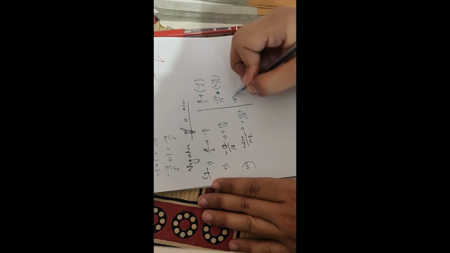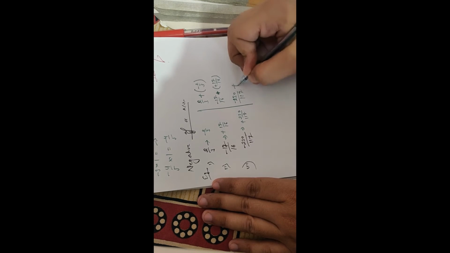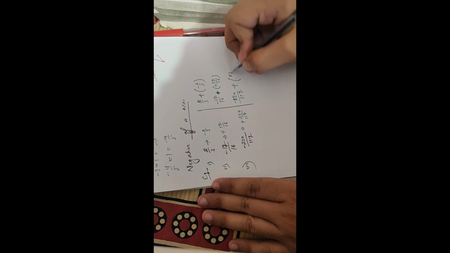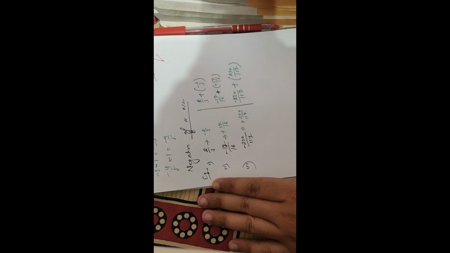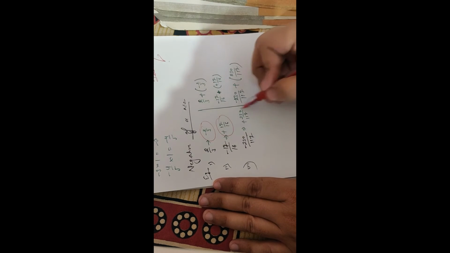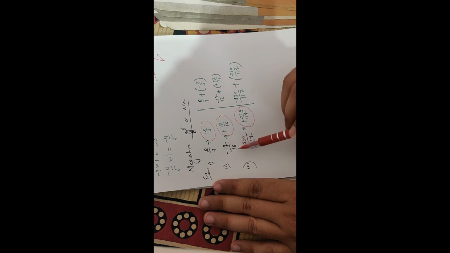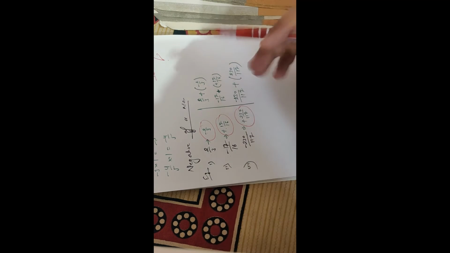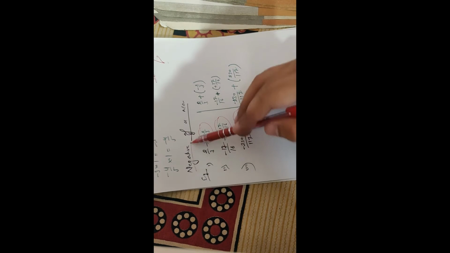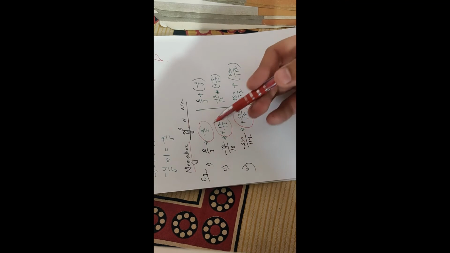Now this was the number, and it has been added to the negative of this number. Negatives means the opposite of the sign. This was positive, so its negative is negative. This is negative, so its negative is positive. Negative becomes positive. So the negative of a number means the number with its opposite sign.